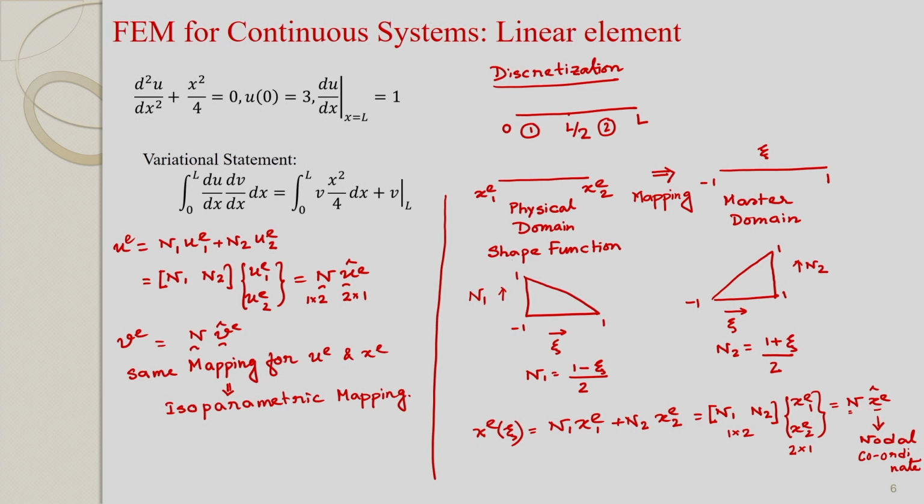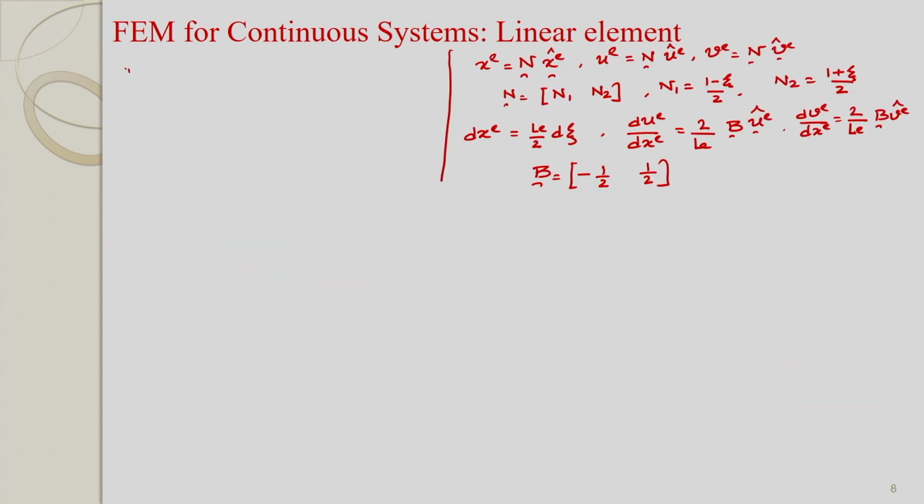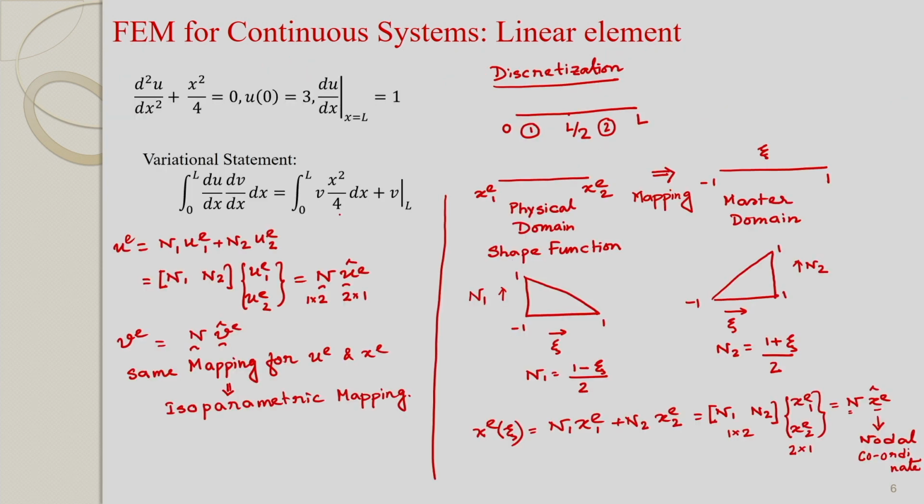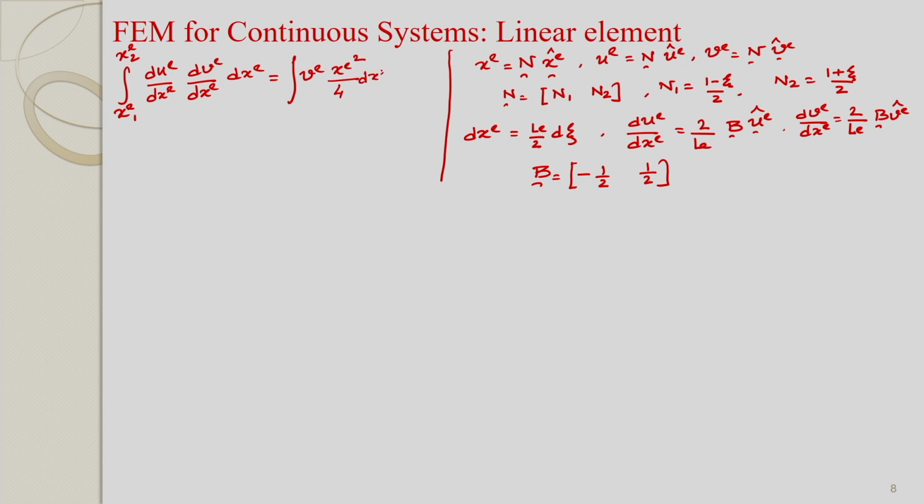Let us write this variational statement for an arbitrary element, that is from xe1 to xe2, dUE dxe dVE dxe dxe equal to VE xe square 4 dxe plus VE at x equal to L. We can write this because the variational statement is valid for every element.